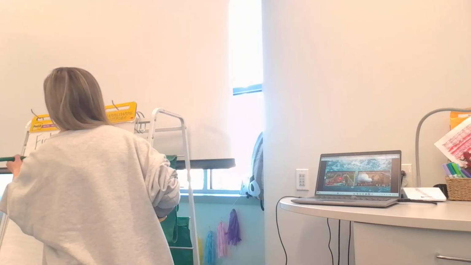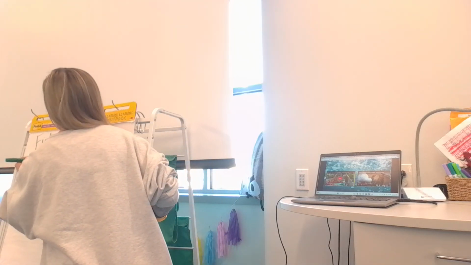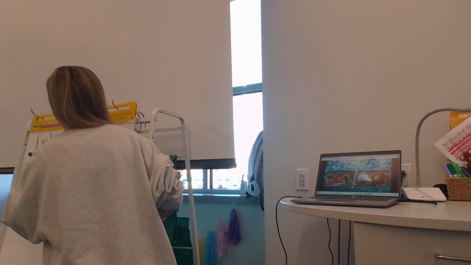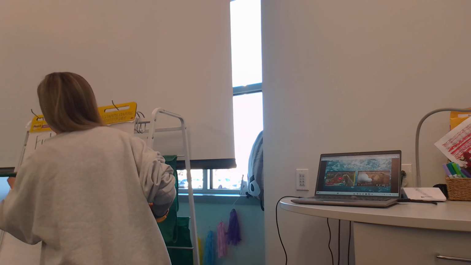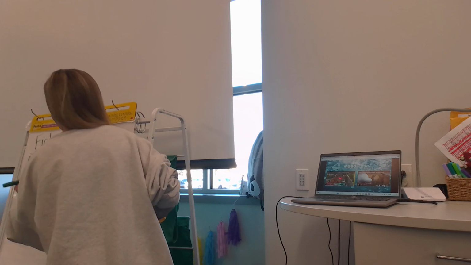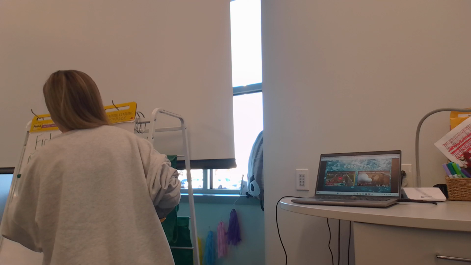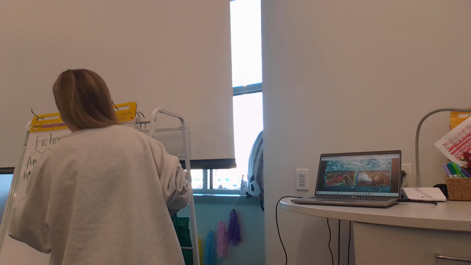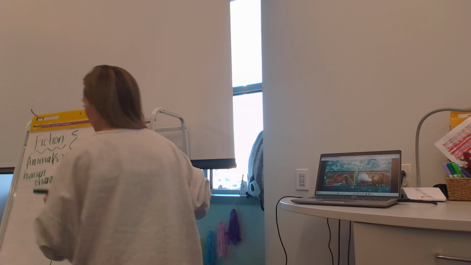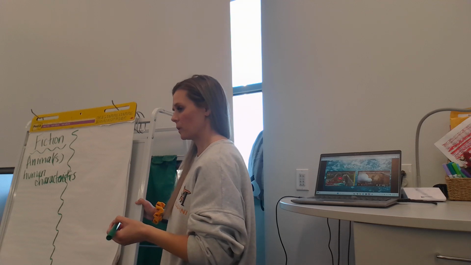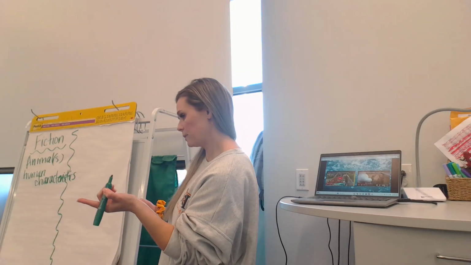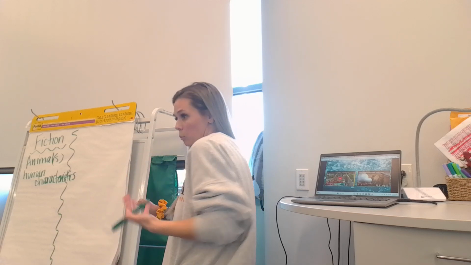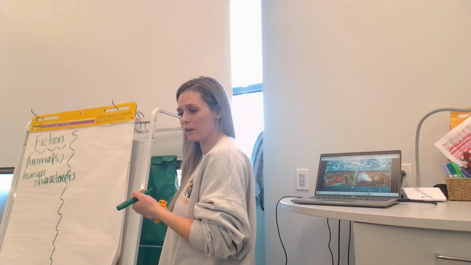Okay, so animals with human characteristics. And by characteristics, what do you mean by that? Like they talk. They can talk, they can walk, right? Differently than we would see them in the wild. Okay, very good. What else?